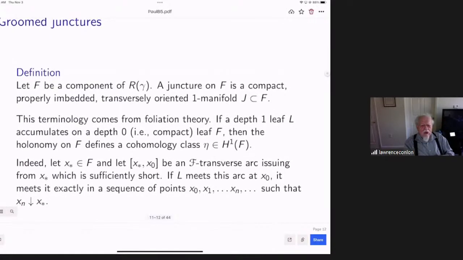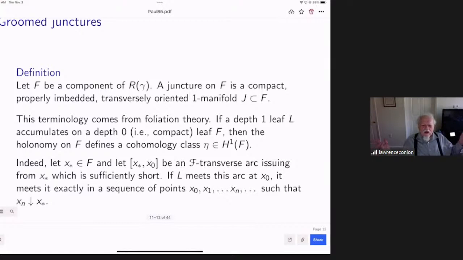Now, what do I mean by a juncture? So F will be a component of R(γ). So ultimately, F is going to be a compact leaf of the foliation I'm trying to build. Now, a juncture on F is simply a compact, properly embedded, transversely oriented one manifold, period.